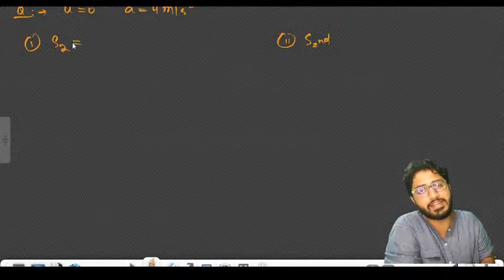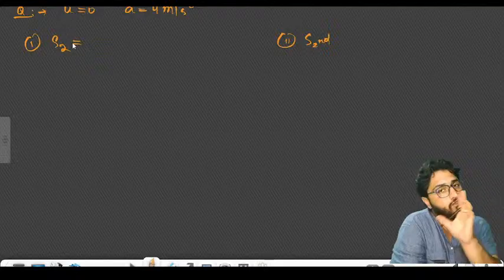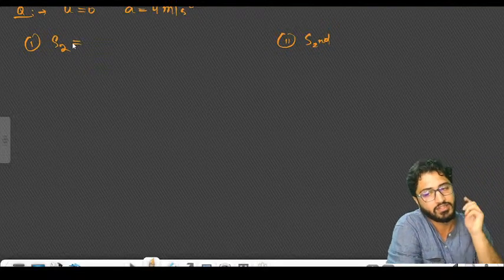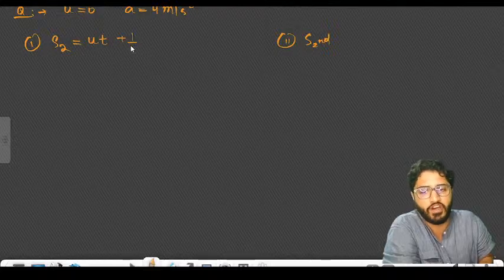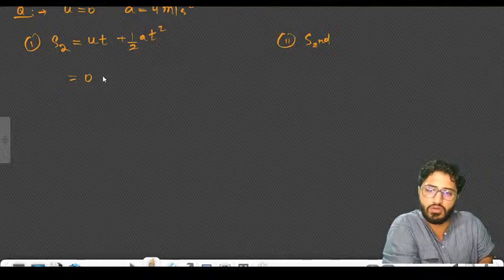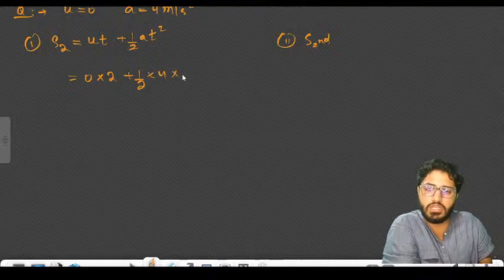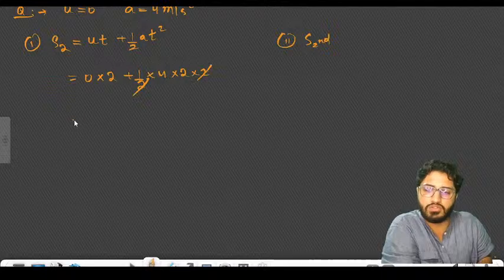S2 means the displacement in 2 seconds, first second plus second second. So s equals ut plus 1/2 at square. u is 0, t is 2, plus 1 by 2, a is 4, t square is 4. So 4 times 2 is 8 meters.